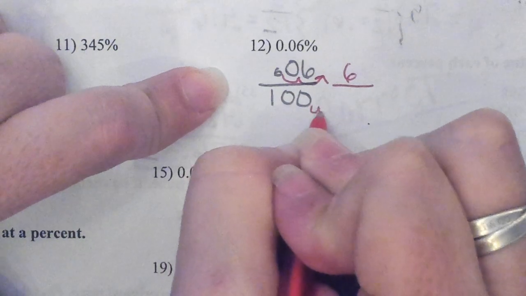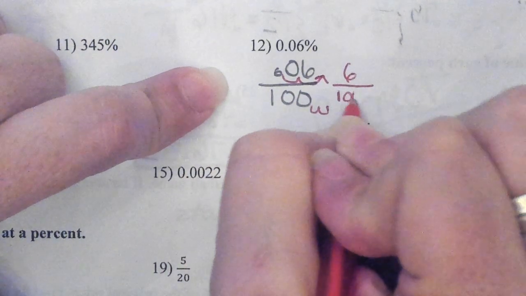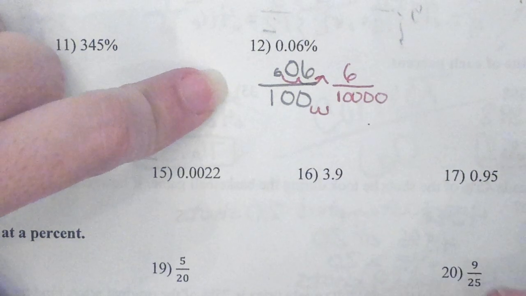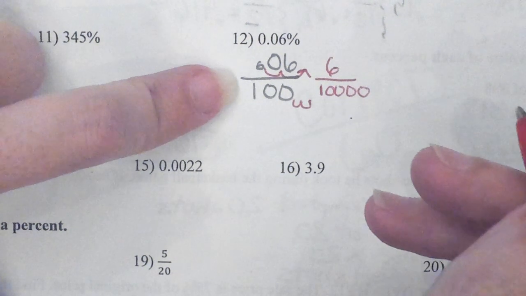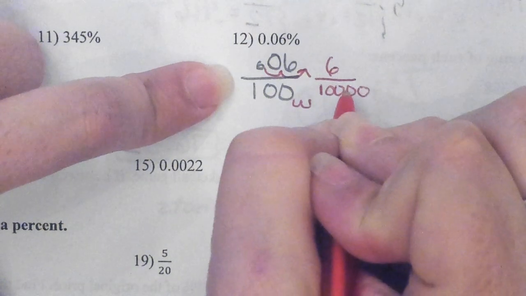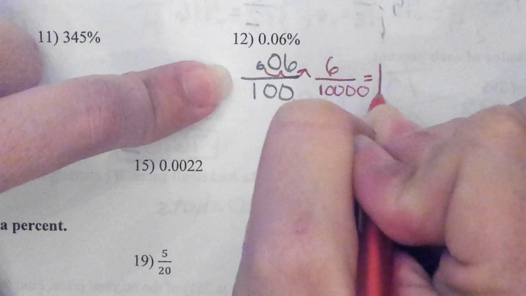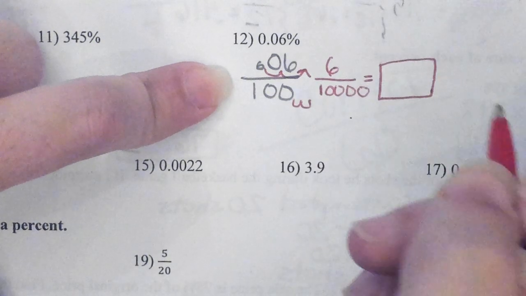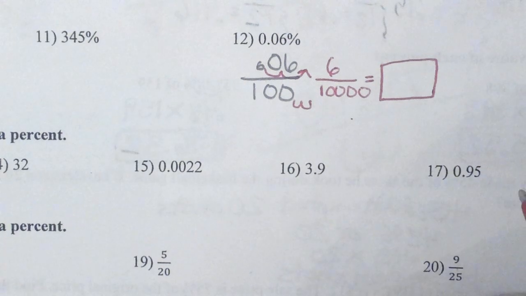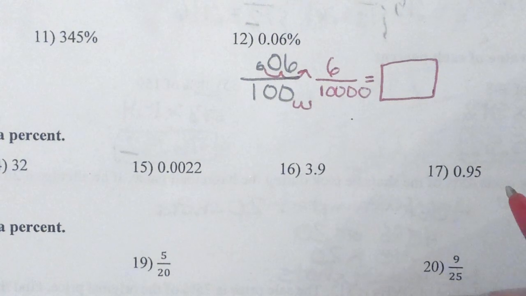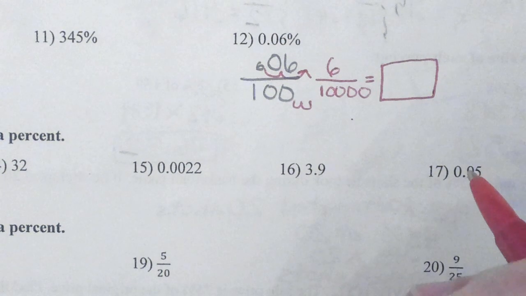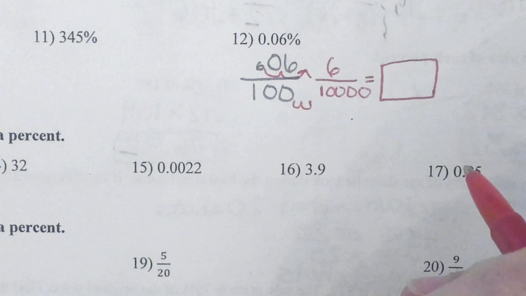Well, if I move this twice, I now have 6/10,000. The ABC button doesn't work, but you should be able to simplify that by 2. 6 divided by 2, 10,000 divided by 2. You still have a calculator to use. 3/5,000.